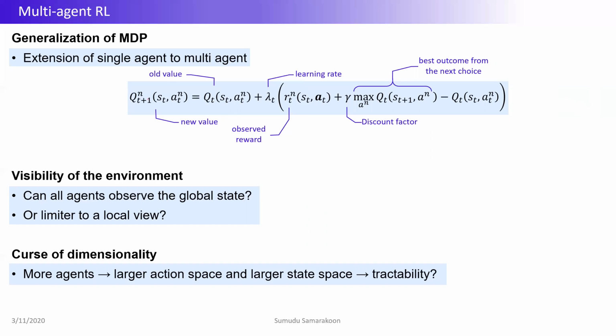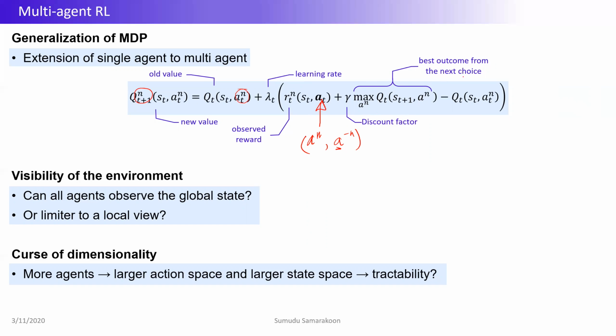Therein, our Q value update is now defined for agent N, and the action is based on the action made by agent N. However, the reward accounts for the action of agent N as well as the actions of all other agents. So altogether, the reward is determined. And the best outcome and discount factor are similar to the previous case.